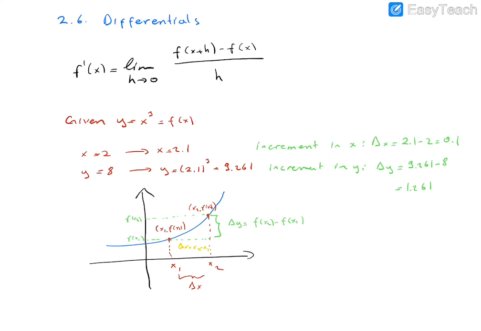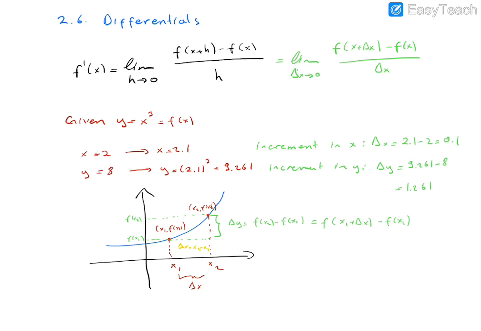So we can write the increment in y with respect to the increment in x as the following form: f of x1 plus delta x, minus f of x1. If you observe the derivative formula, the limit when h goes to 0, instead of h we have delta x going to 0, f of x plus delta x, where instead of x1 I wrote x, minus f of x over delta x.